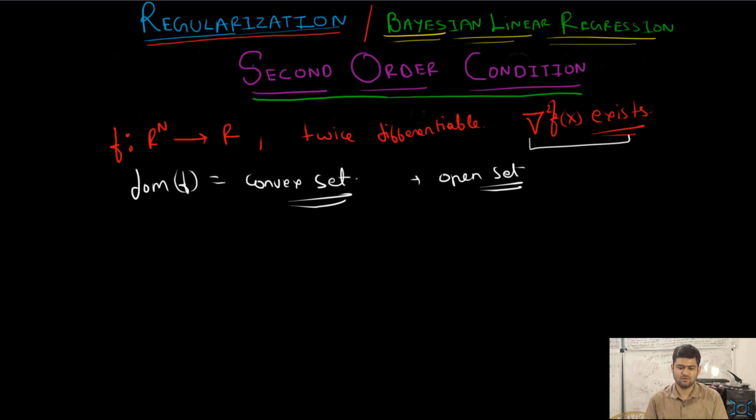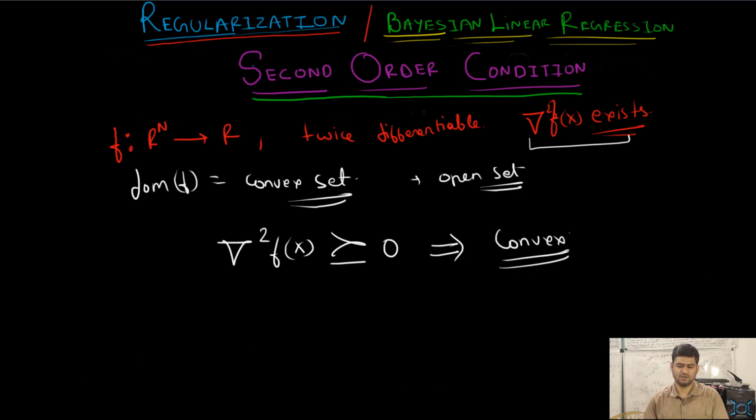So if this condition holds, then f is convex. If the second derivative of the function is a positive semi-definite matrix, then f is a convex function. In case of 1D functions, that is, if f is a mapping from a scalar to a scalar, then this condition translates to the double derivative of f(x) being non-negative.